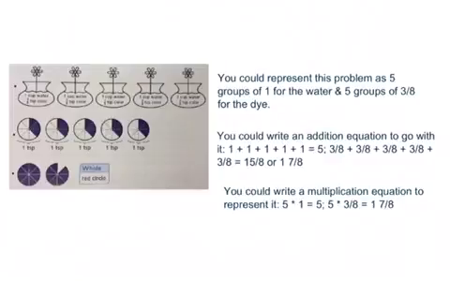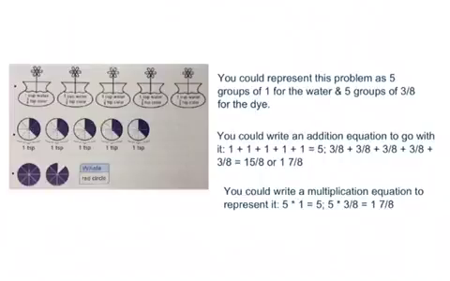Okay, so you can see in the drawing there that there's a bunch of flowers in each of those vases, and there's a cup of water in each, and 3/8 teaspoon of dye or color in each. So I could represent the problem with words by saying there's 5 groups of 1 for the water and 5 groups of 3/8 for the dye.